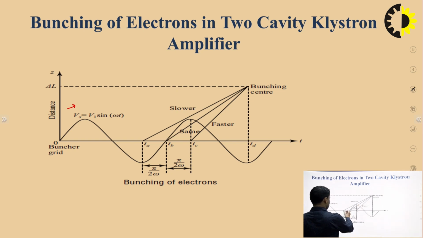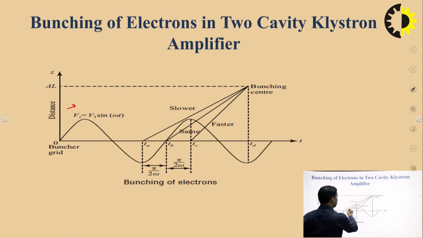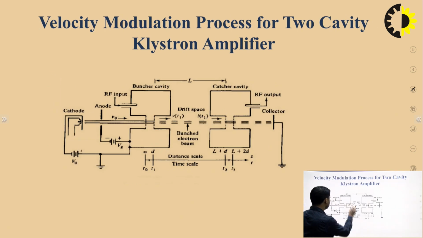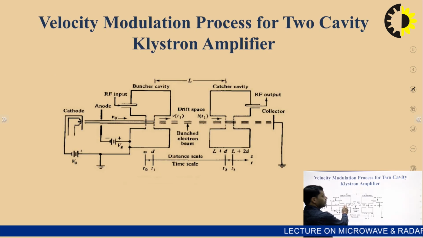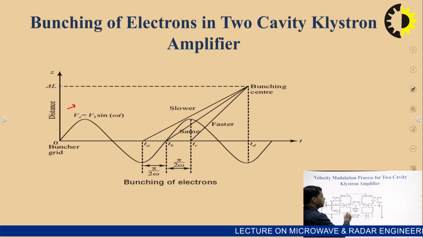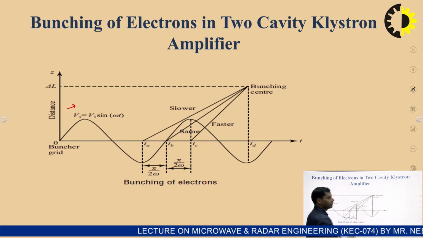This one is Ta, this is Tb and Tc. Ta is an early electron, which is emitted first from the electron gun, and it moves until it comes to the gap. As you can see, this is the buncher cavity and the catcher cavity of the two cavity klystron amplifier. When this early electron sees the negative region, it first comes into gap A, so it is decelerated and its velocity is retarded.